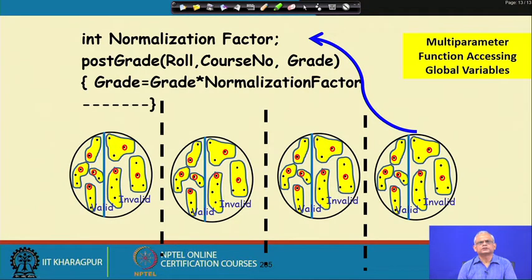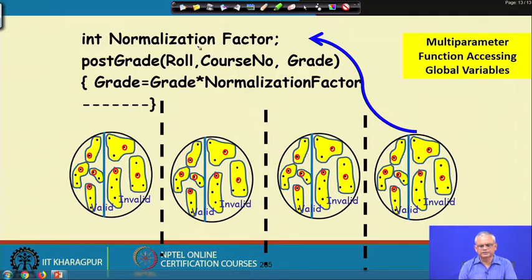But not only the number of parameters, a function might also use some global variables. Look at the function post grade. Let us say it uses a normalization factor while computing the grade, while posting the grade. Not only does the teacher define the roll number, course number and grade, but internally it does a normalization by using a normalization factor.